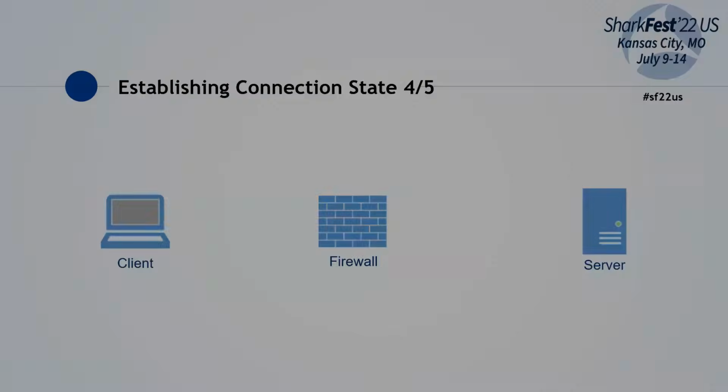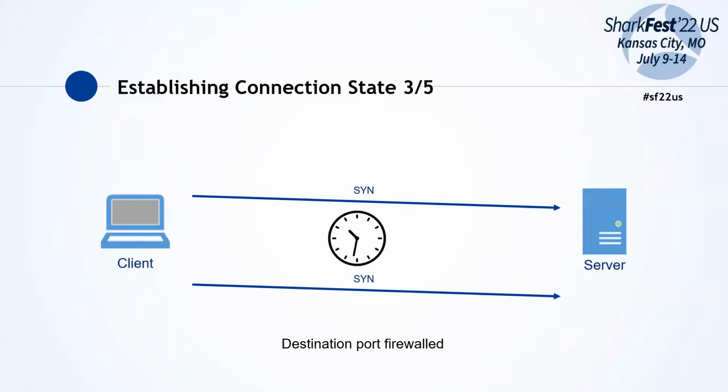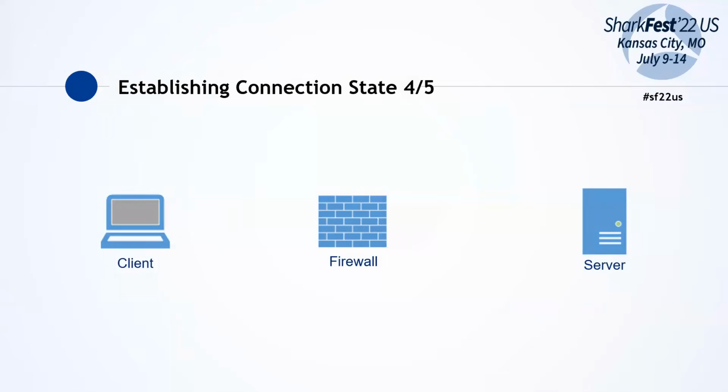And to go back to this one, if it's firewalled on the server, because in this case there's no firewall in between, right? So I have an example with a firewall in between, that is this one. In this case, the connection goes to the firewall and the firewall says reset. It never reaches the server.